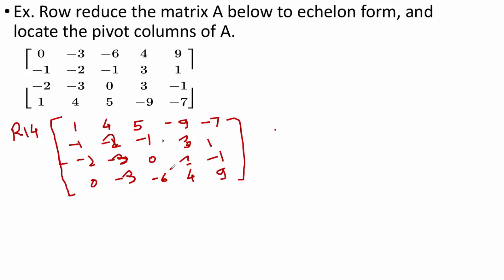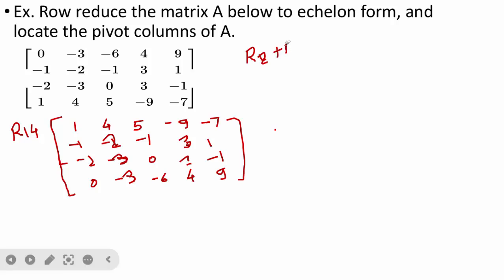Now in this matrix I want to make the elements below 1 into 0. The fourth row is already 0, but in the second row there is minus 1, and in the third row there is minus 2. To make this minus 1 zero, I shall use R2 plus R1.